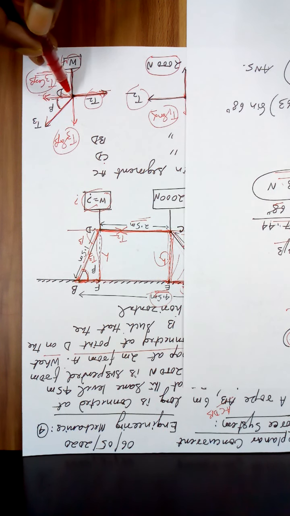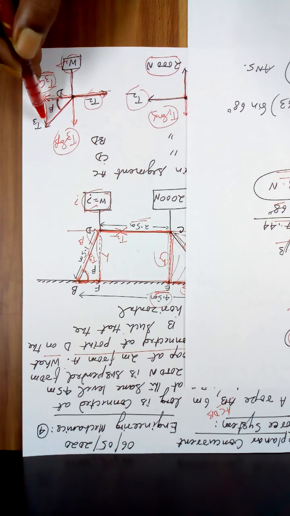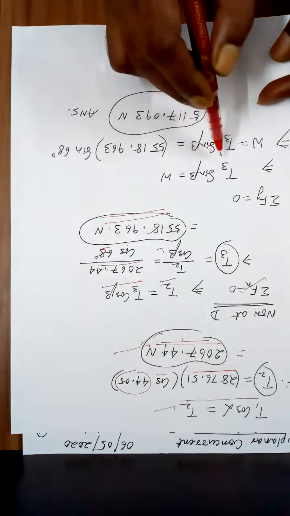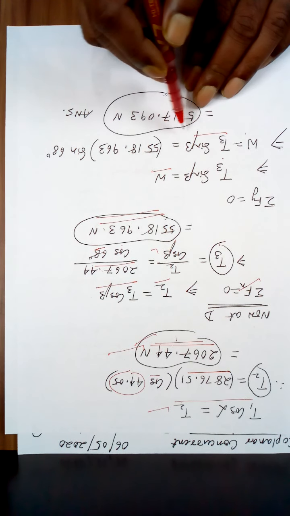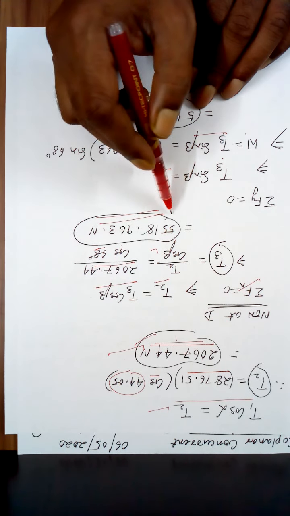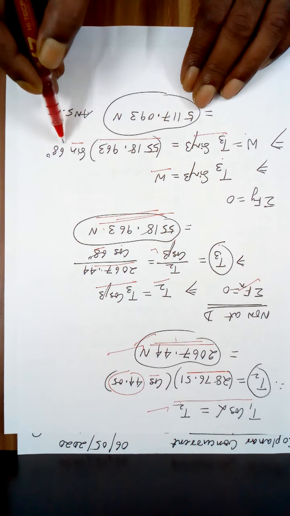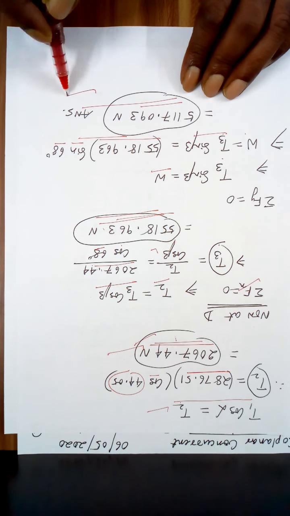The component of T3 to this side, since this is beta, T3 sin beta is equal to W. So W is equal to T3 sin beta. T3 we have just calculated. Now beta we have calculated previously, 68 degree. Put this in a scientific calculator, comes out to be this.